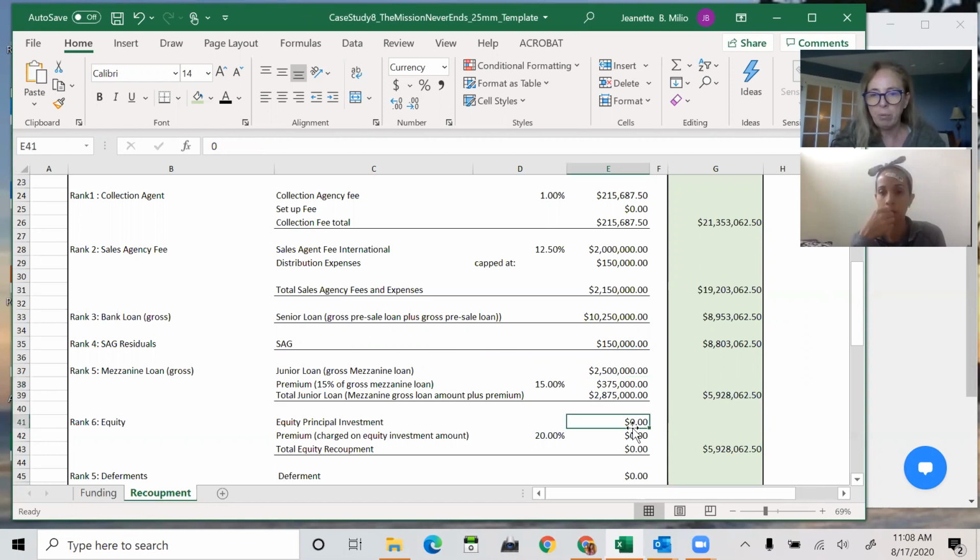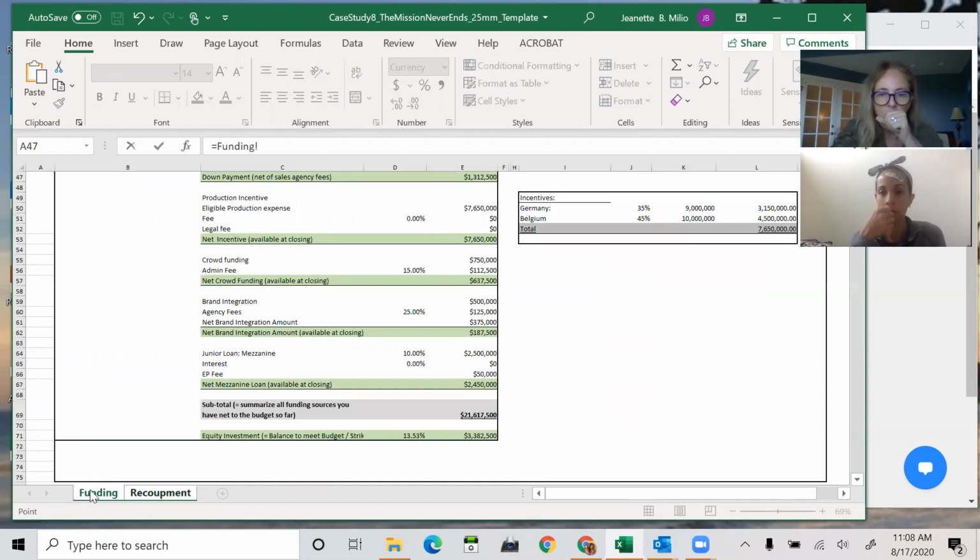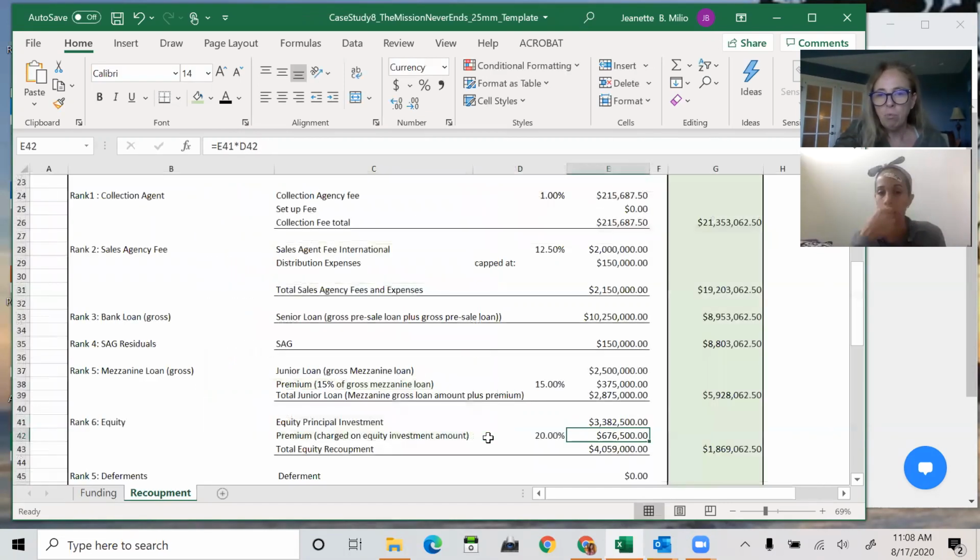So now we have to pay our equity back, and I'm going to go back to our sheet and look at our equity. The equity is down here. I'm just clicking on this amount.